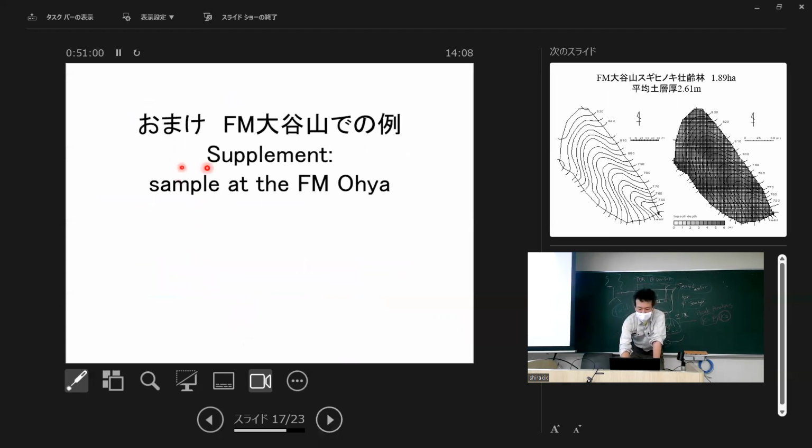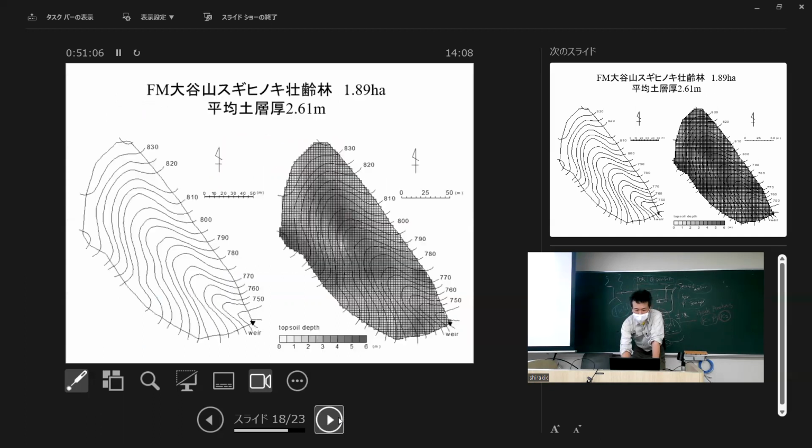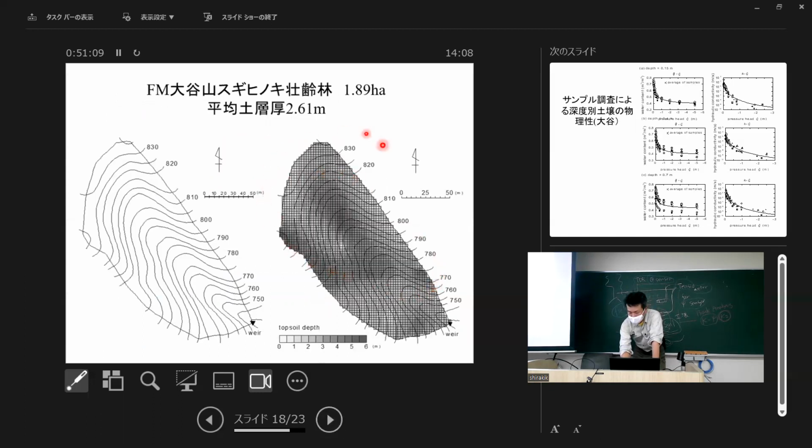As a supplement, I showed the Minamitani example earlier, and we did the same at Oya-san, where we measured soil layer depth. This is another sample at the Field Museum Oya. Oya is near Kusaki, where Mabara-san visited. The dormitory is inside Oya, so I think it is better to visit here.